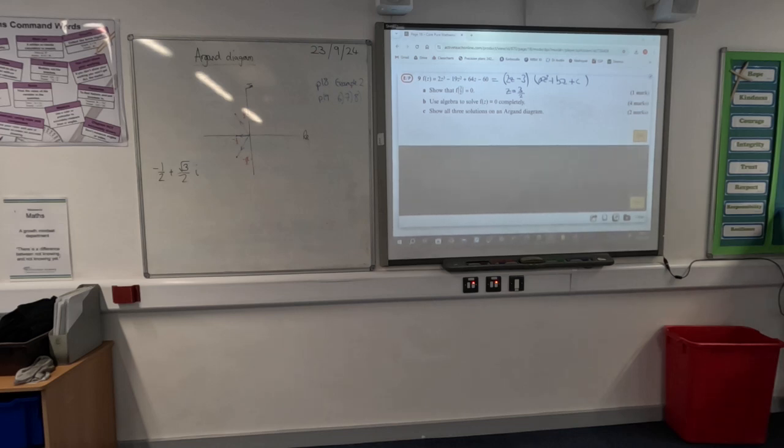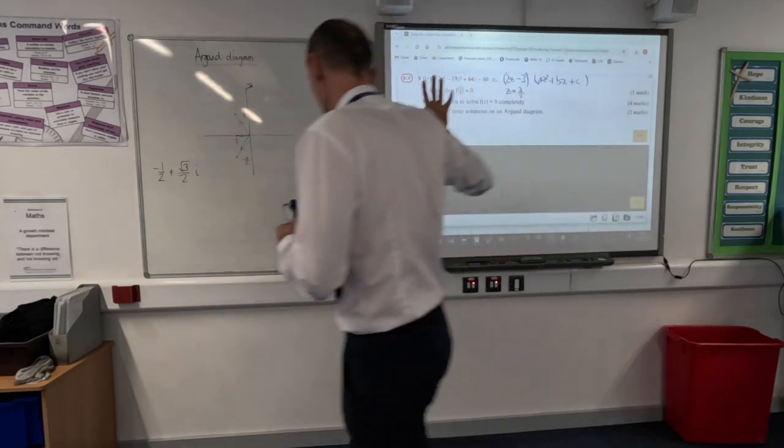And I know it says use algebra to solve it completely. No, we'll ignore that. We'll use our calculator. When we get the quadratic, we'll use our calculator.